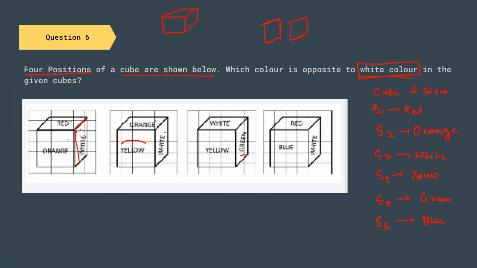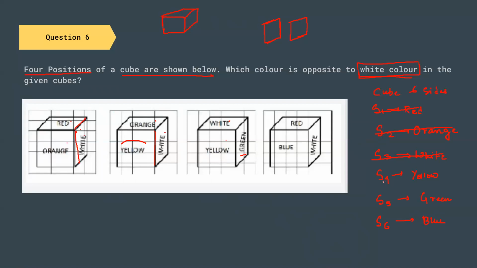That means red and orange cannot be opposite of white. So white cannot be an opposite of white, red cannot be an opposite of white, orange cannot be an opposite of white. Fine. Now let us come to this picture again. You can see that white and yellow is sharing an edge.